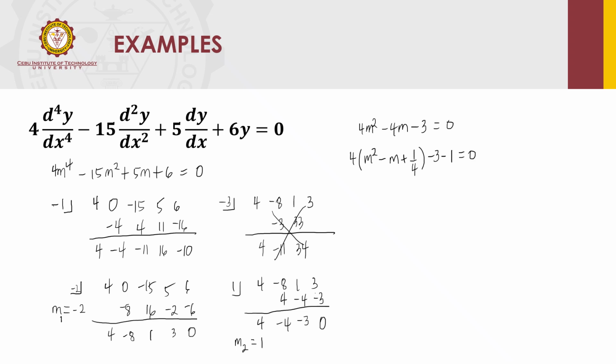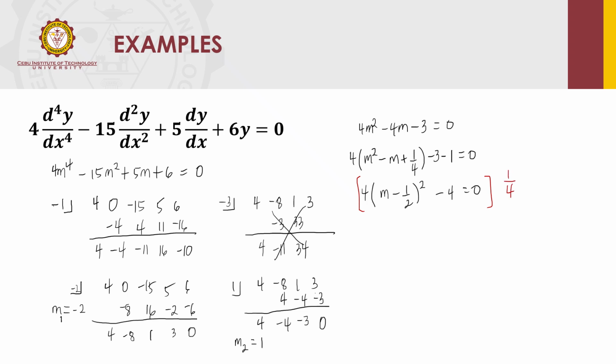So you'll have 4, and then this is now a perfect square trinomial: m minus 1/2 quantity squared, and then minus 4 equals 0. So you can divide the whole equation by 4, multiply by 1 over 4.